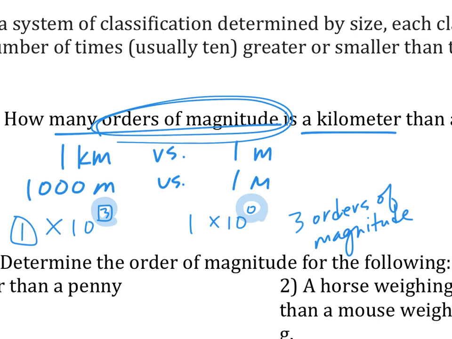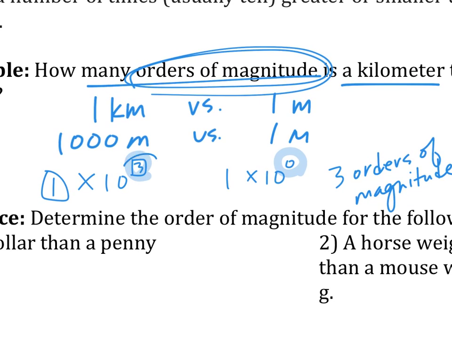Okay? 3 orders of magnitude bigger is 1,000 times bigger. 3 orders of magnitude means it's 10 to the third bigger. So 3 in the degrees of 10, but it's actually 10 to the third times, that's 1,000.